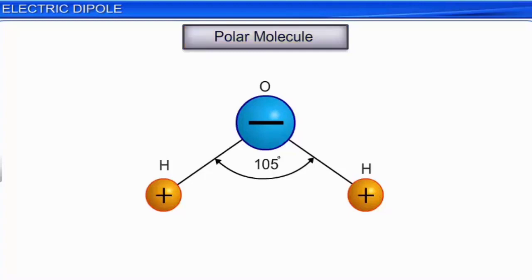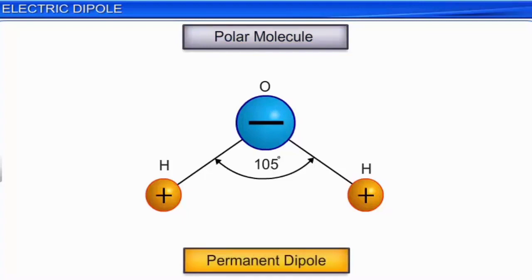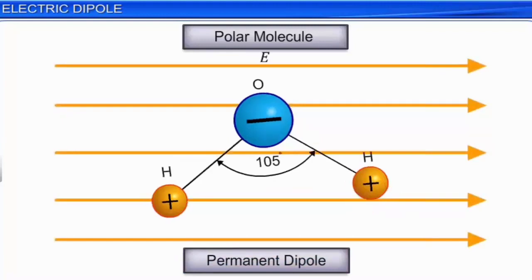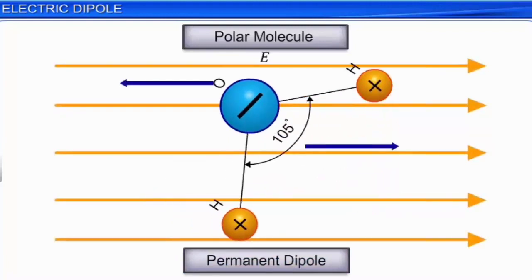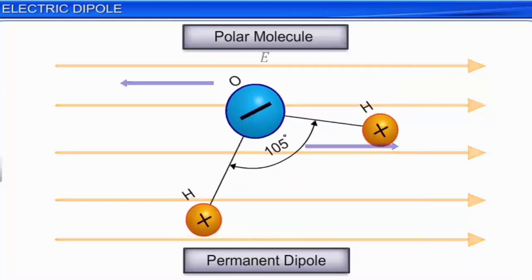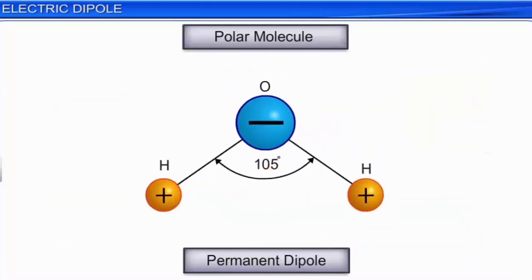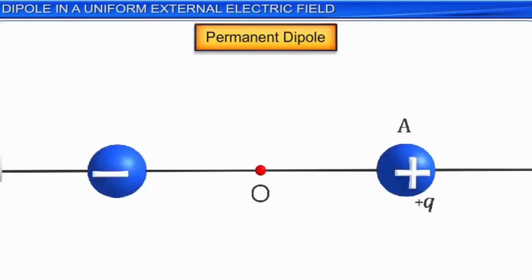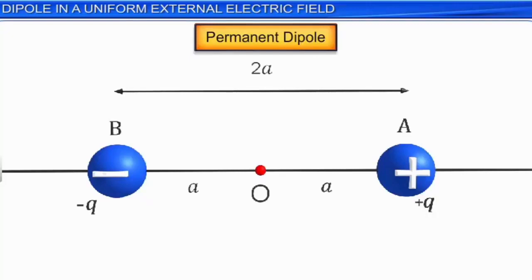These are permanent dipoles. When such polar molecules are placed in an external uniform electric field, they orient themselves in the direction of the field. Water molecule H2O is one such polar molecule. Consider a permanent electric dipole having a positive charge plus Q at A and a negative charge minus Q at B separated by a distance 2a.